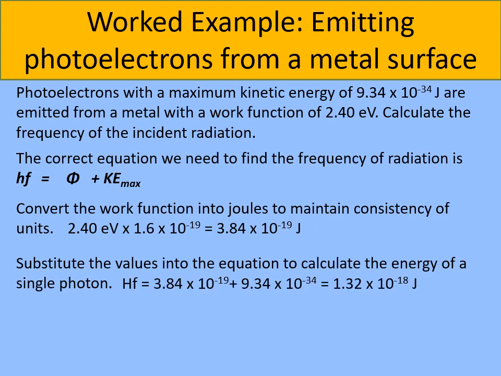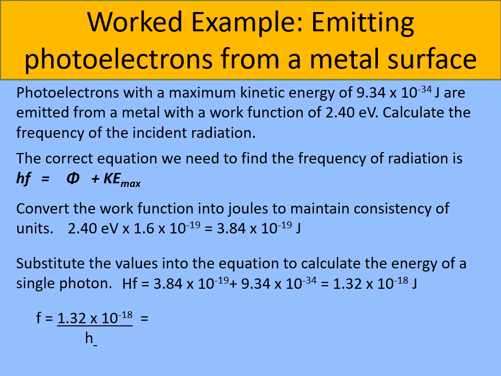So we have hf = 3.84 times 10 to the power minus 19 plus 9.34 times 10 to the power minus 34, which gives us the energy of a single photon as 1.32 times 10 to the power minus 18 joules.